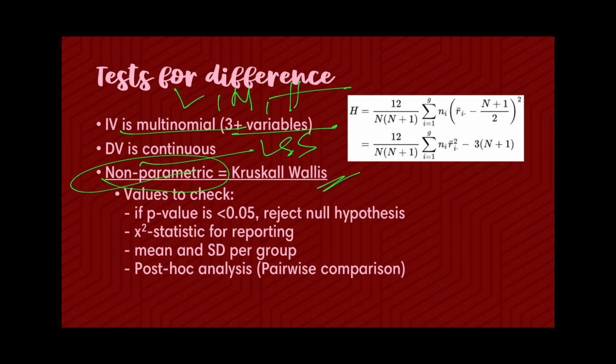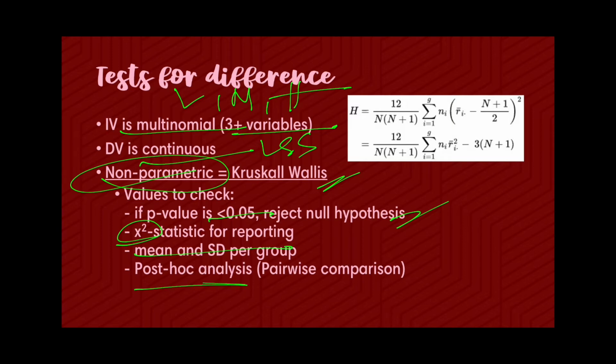So, what are the values that you need to check? So, if p-value is less than 0.05, then as usual, you have to reject the null hypothesis and conclude that there is a significant relationship across the income brackets in terms of life satisfaction. And then, the statistic that you will report is the chi-squared. And then you have to identify the mean and standard deviation per group.